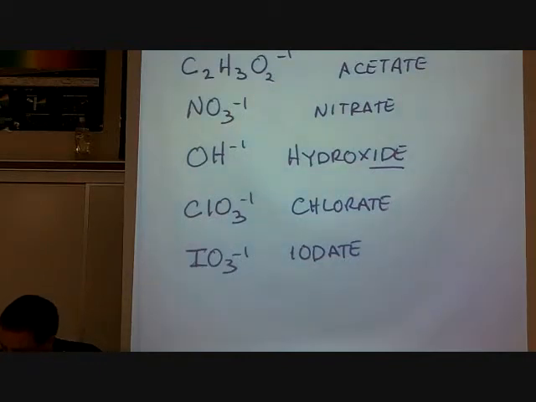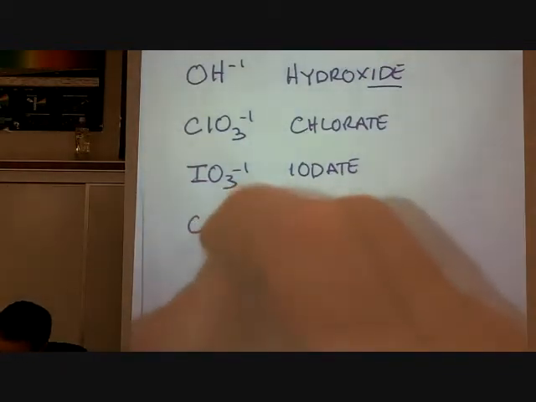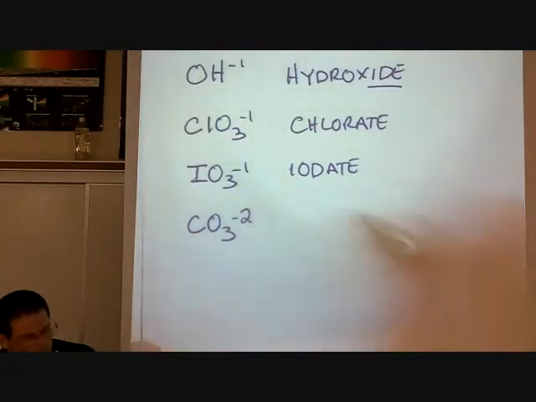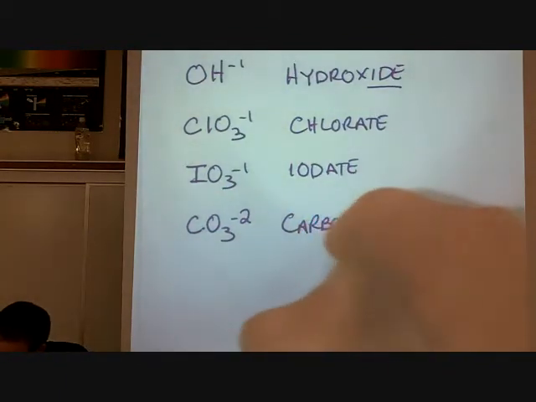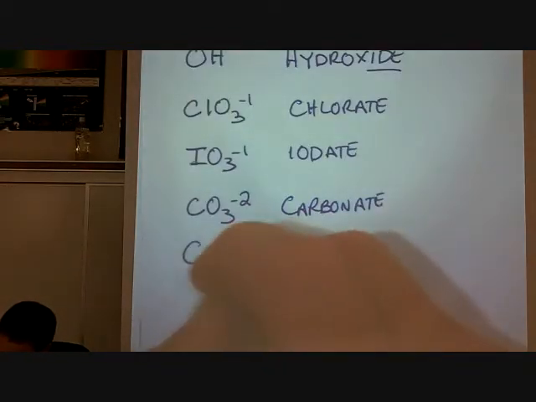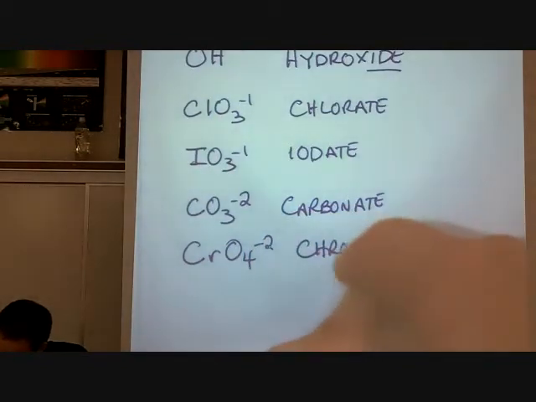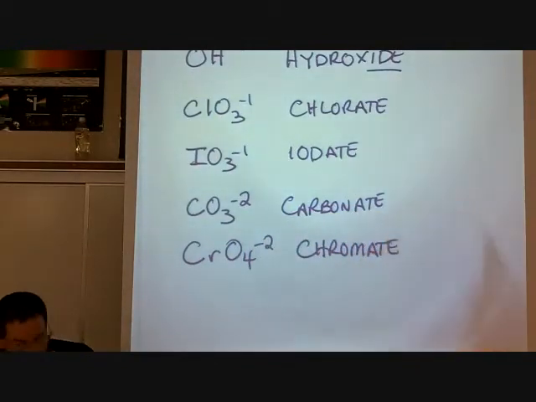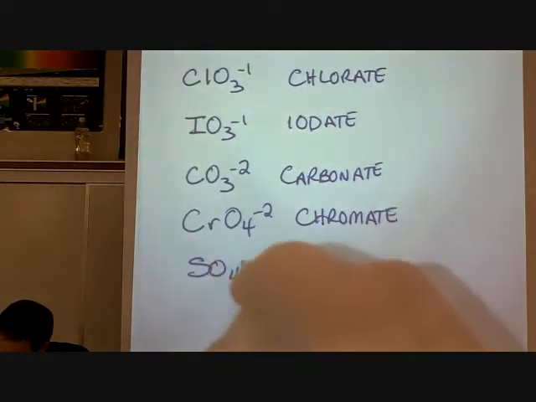All right, so the -2s, and if I forgot one, it'll come back to me. The next one is carbonate, CO3 with a -2 charge, carbonate. There's chromate with a -2 charge. And there is sulfate, SO4 with a -2 charge.